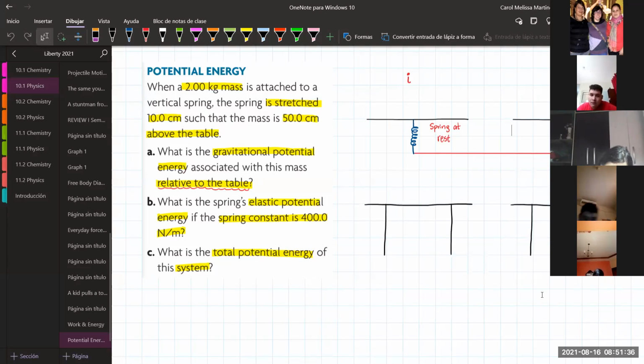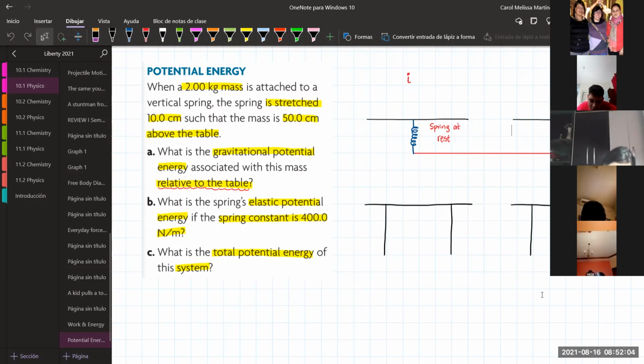And this x, according to the problem, the spring is stretched 10 centimeters. So this is equal to 10 centimeters. Now, information in the problem says that this mass is 50 centimeters above the table.